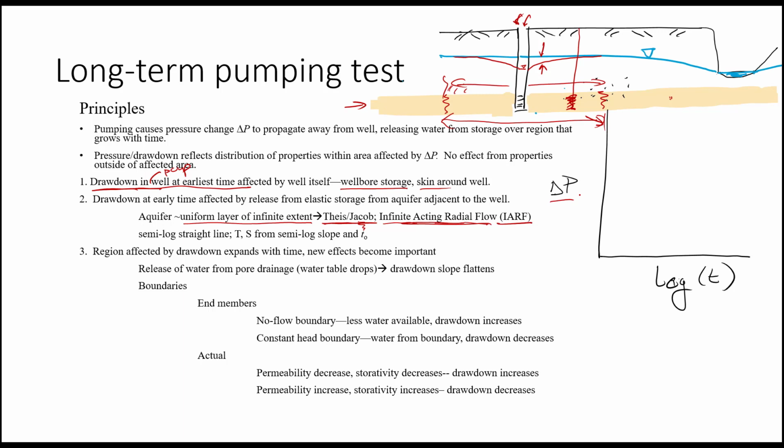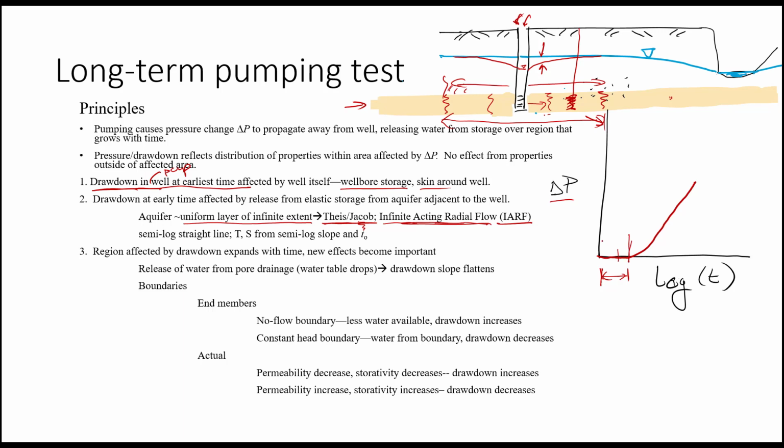And so the drawdown as a function of the log of time for this case is going to look like this. There'll be some early time when this is the drawdown at the monitoring well. So there'll be some time here when the pressure front that's propagating out from the well has gone this far. There won't be any drawdown in the monitoring well.